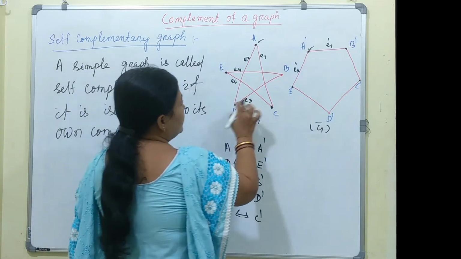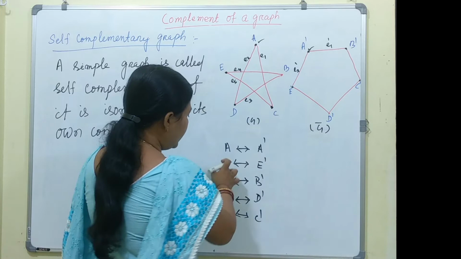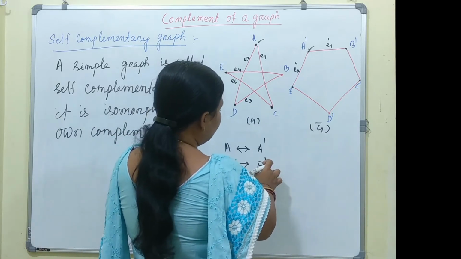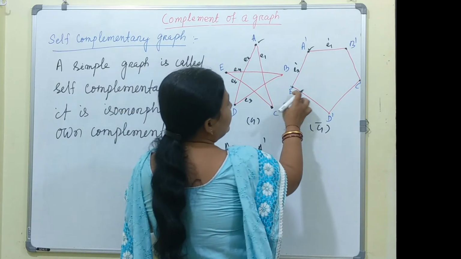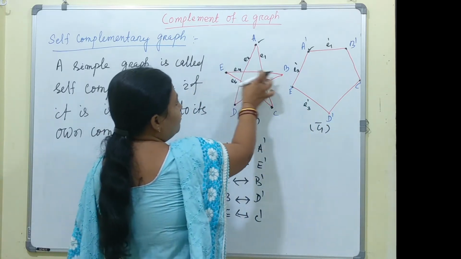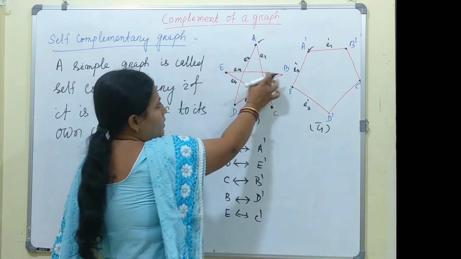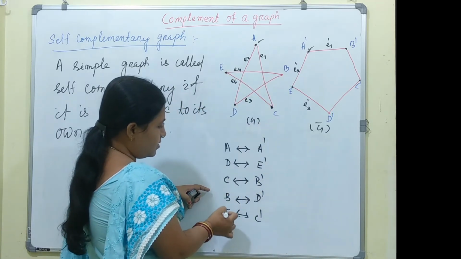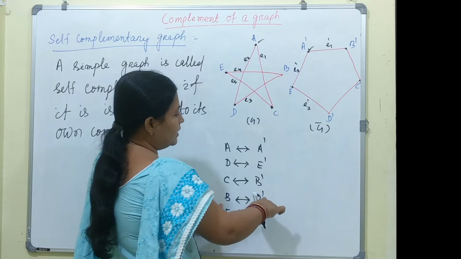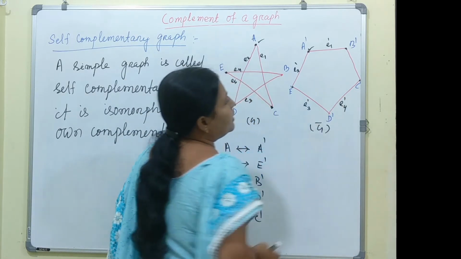Next E3, BD is E3, so E dash D dash is E3 dash. Next E4, BE is E4, so C dash D dash is E4 dash.